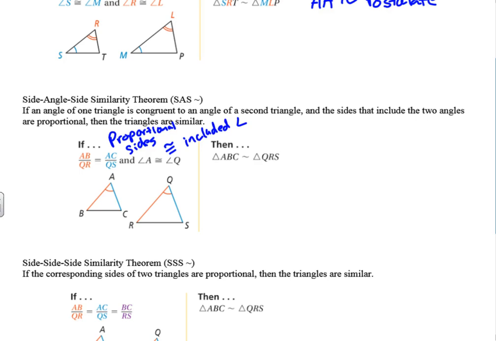It has to be the included angle. So if we can show that these are equal ratios, and we can show that the angle between them, angle A and angle Q, is congruent, then we could say that those triangles are similar by side-angle-side similarity.